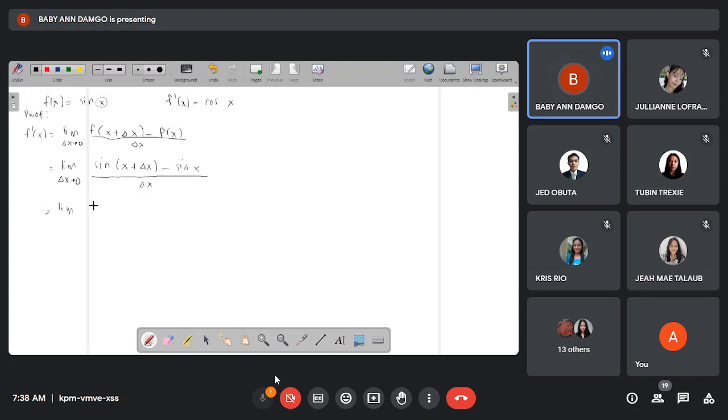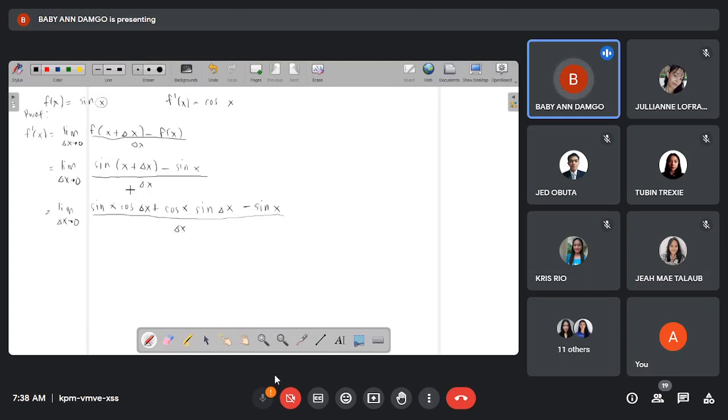So, this is sine x cos change of x plus cos x sine change of x. So, this is f prime of x: sine of x plus change of x minus sine x, all over the change of x, as the change of x approaches 0.